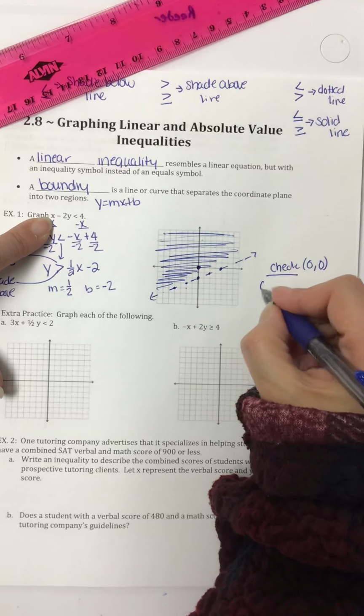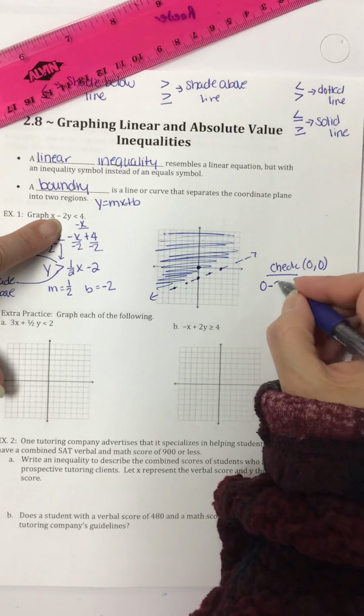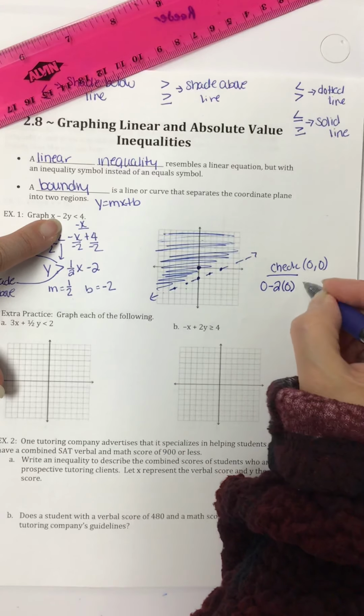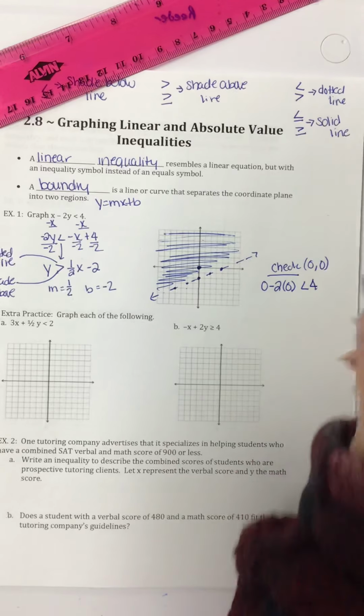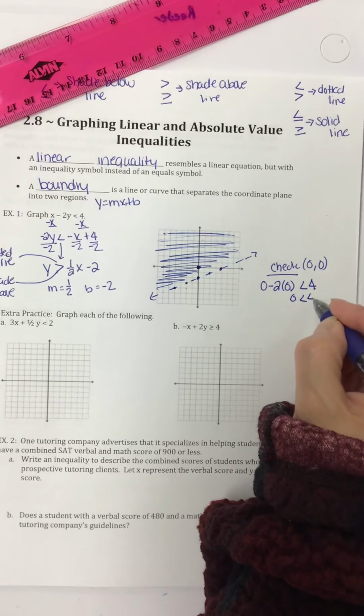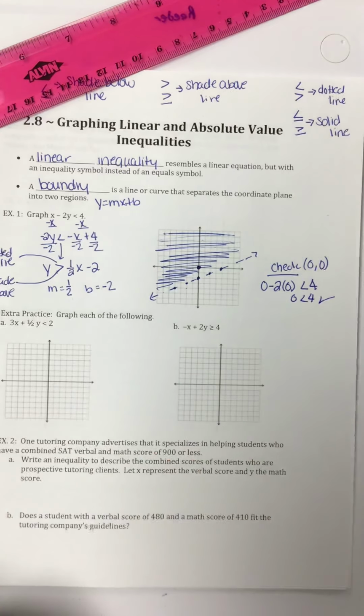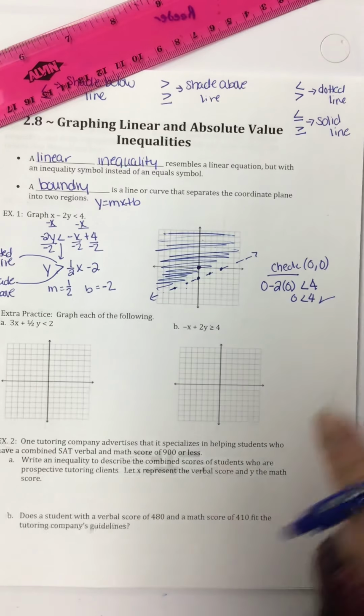So when x is 0 minus 2 times 0, is this less than 4? Well, that would be 0 is less than 4, so sure enough, right? That's a good way to check to make sure you've shaded in the correct area. All right, let's do another one.